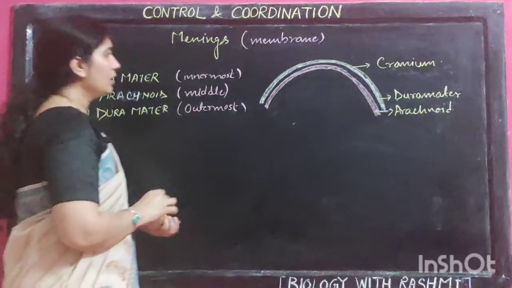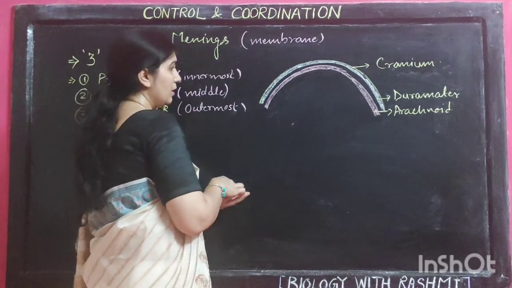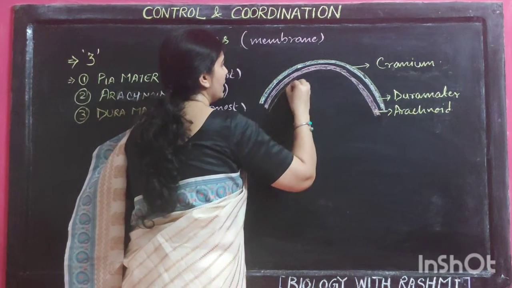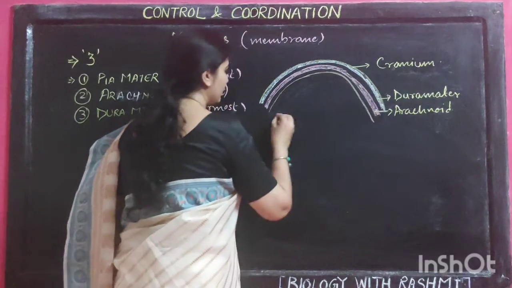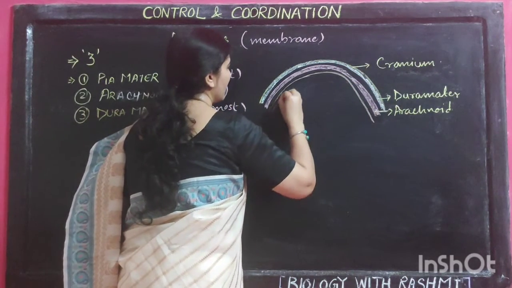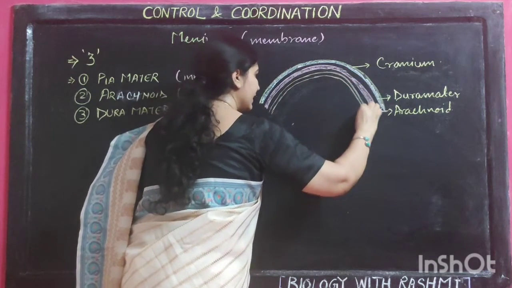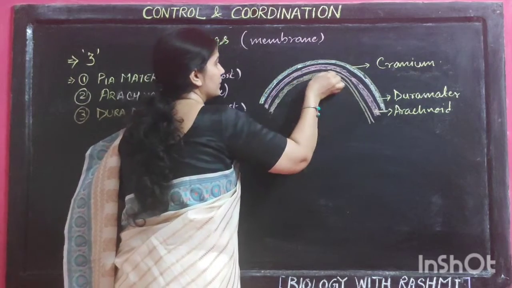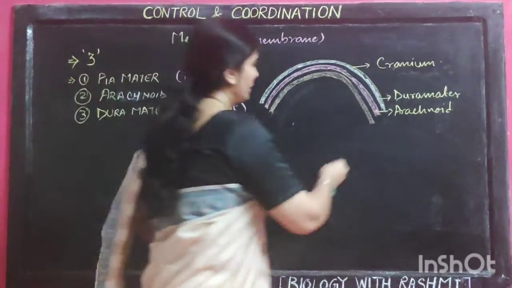Alright. So after the arachnoid, one more membrane is present, and this membrane is the innermost one, and we call it pia mater. This layer is known as pia mater. Right?